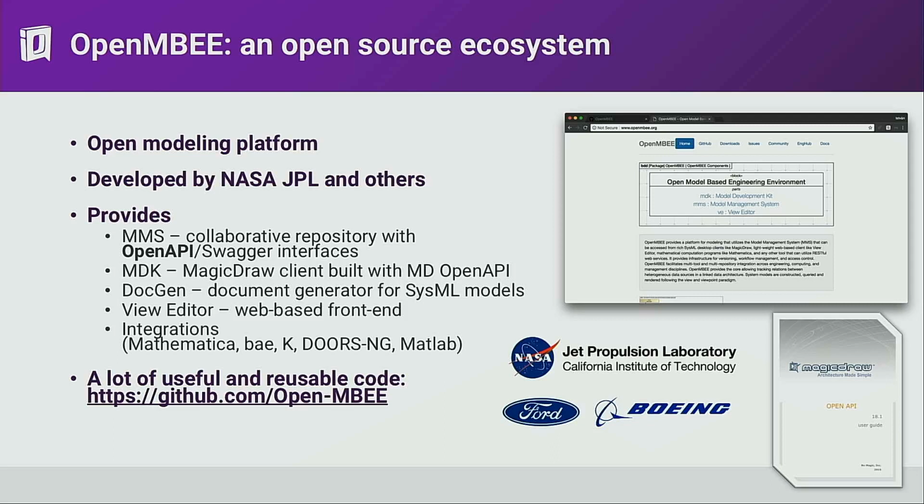And over the course of the developments that I'm going to talk about, we've come to realize that this code base is actually a source of a lot of very interesting and useful and reusable assets. So if any one of you are interested in exploring this topic more deeply, I definitely suggest you check this out because it's very interesting also from tool developers' point of view.